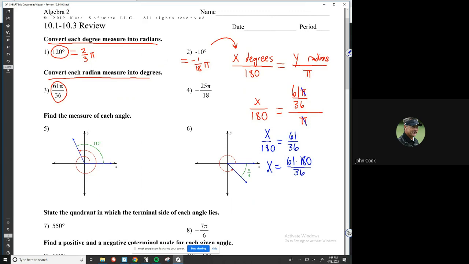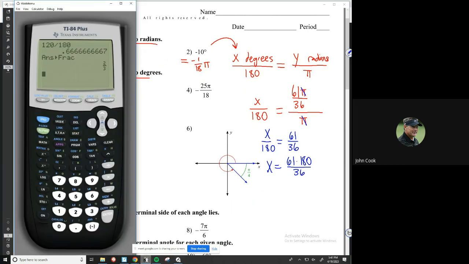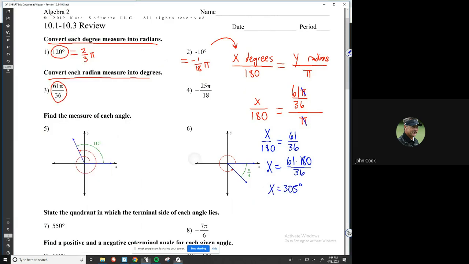And then you just use your calculator to figure out what that's going to be. So let's see here, 61 times 180, and then you divide that by 36. And there's your angle measurement. That's 305 degrees. Don't forget your units on that too. It's easy to forget the degree sign.